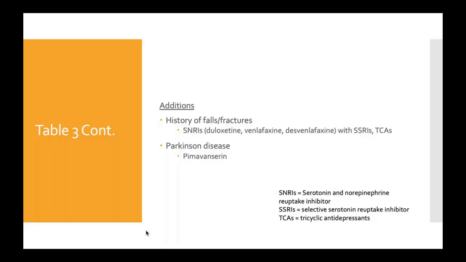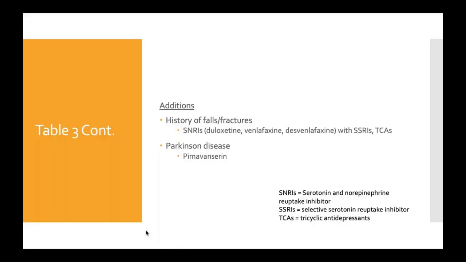Okay, additions to this table include your SNRIs, such as duloxetine, venlafaxine, desvenlafaxine, to existing SSRIs and tricyclics in patients who have a history of falls and fractures. And then again, back to the Parkinson's disease, pimavanserin or Nuplazid was actually recognized as an acceptable treatment for psychosis associated with Parkinson's disease.